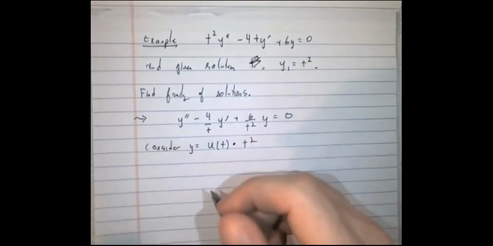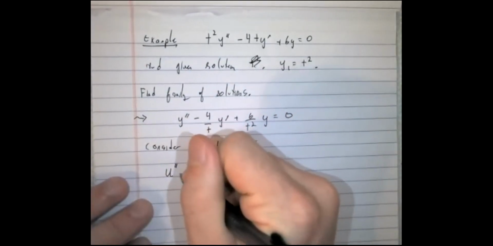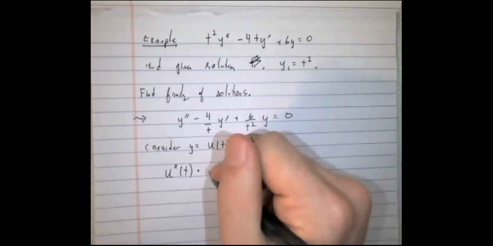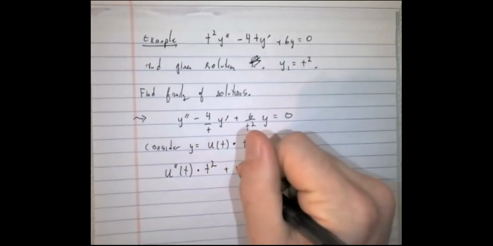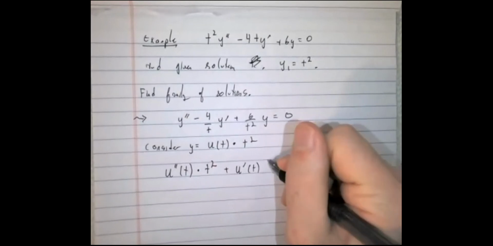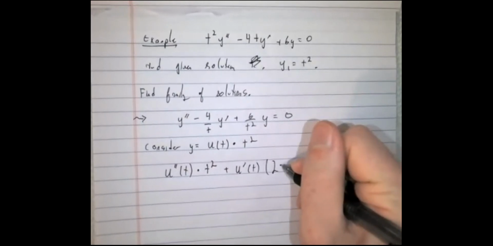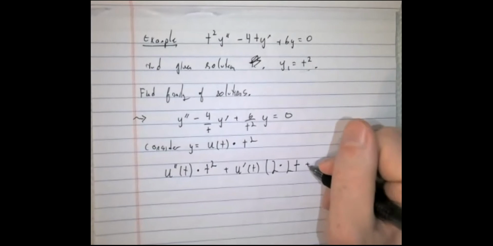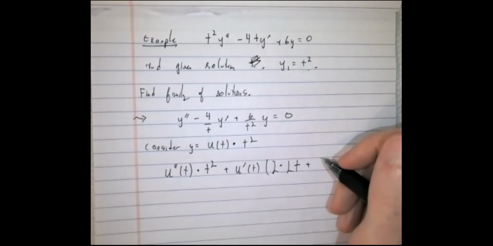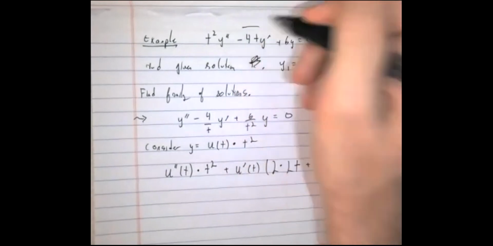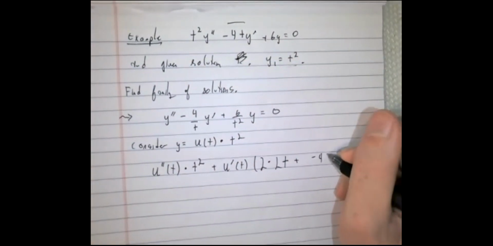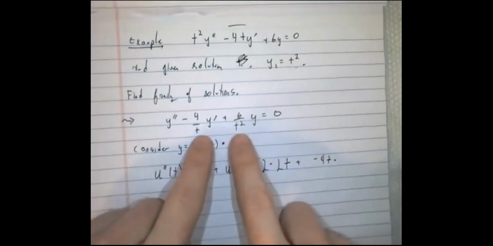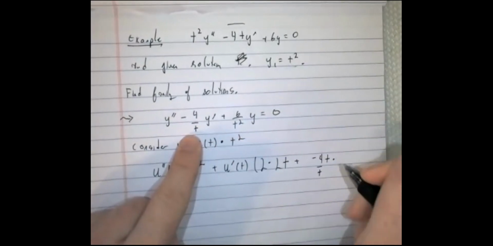So what we know is that u double prime of t times y1, which is in this case t squared, plus u prime of t times, here I take 2 times the first derivative of the first solution, so 2 times 2t, plus, and now I look at p, my function here, minus 4 over t times t squared.